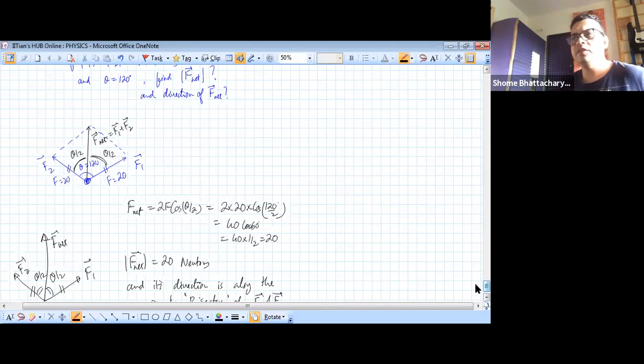We can reduce this problem to a component algebra problem also, but the whole thing about it is that it can be applied directly without taking the coordinate frame and dividing it into components. You can skip all that work. The moment you are seeing that you are adding two vectors of same magnitude, you can directly apply this theorem.